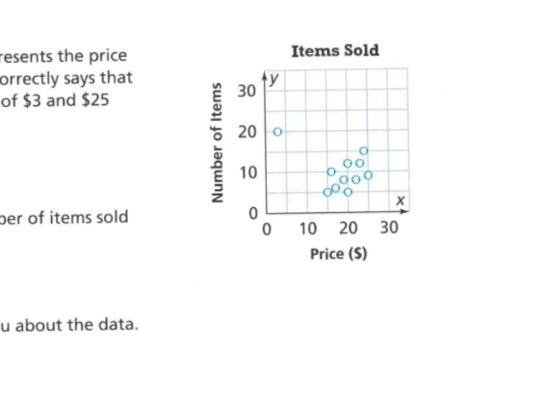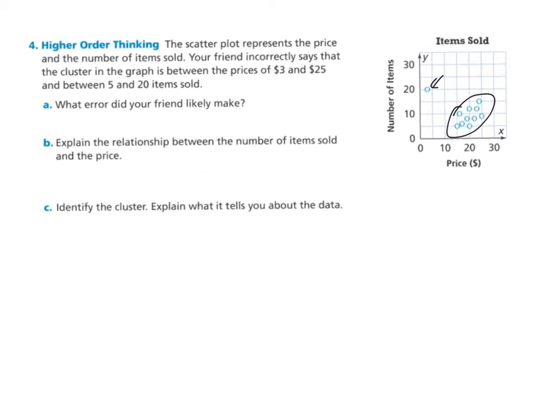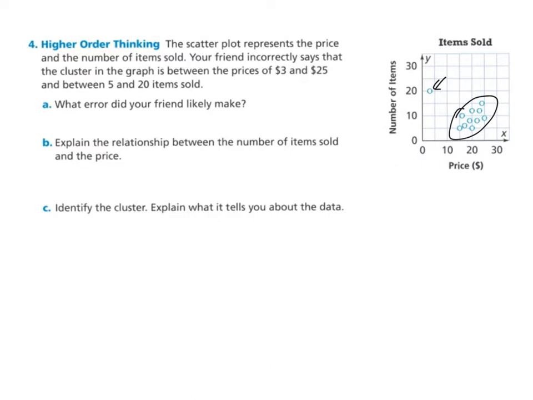So if we look at this, the cluster really is over here. This one is an outlier. And so that's probably what's happening there. The error is that they included the outlier.